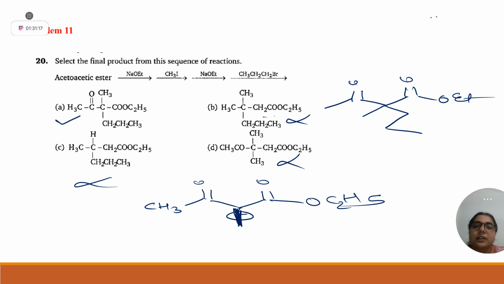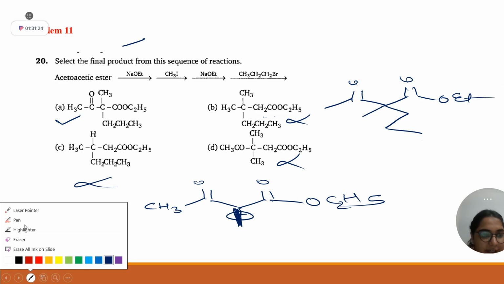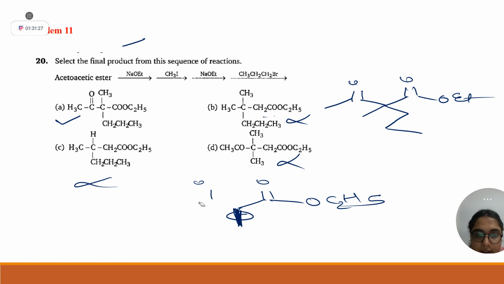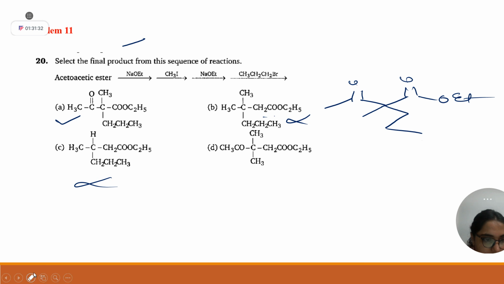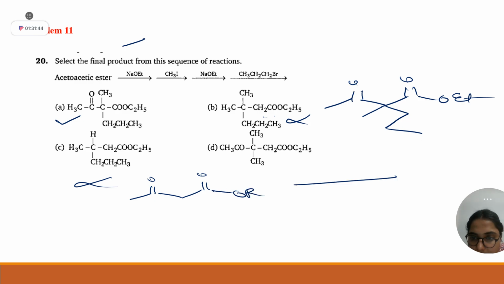Okay, good. Now students, I want to tell you one good thing in this. Just try to understand. Let's say, students, you have this same compound and it is written on the arrow, remember, two equivalents of base.